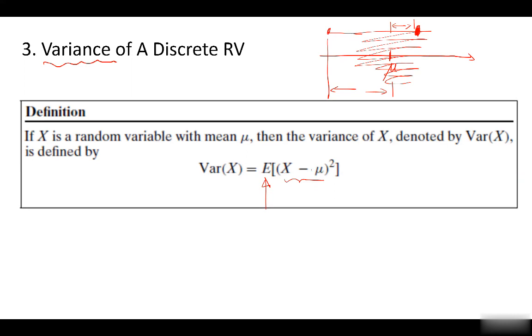So for a non-negative number, this actually measures the distance between any X and its mean, right? And then we calculate its expected value. So this expected value is naturally a measurement of the level of spread. So remember this definition. Write this down in your notebook, okay? This is the definition of variance of a discrete random variable.